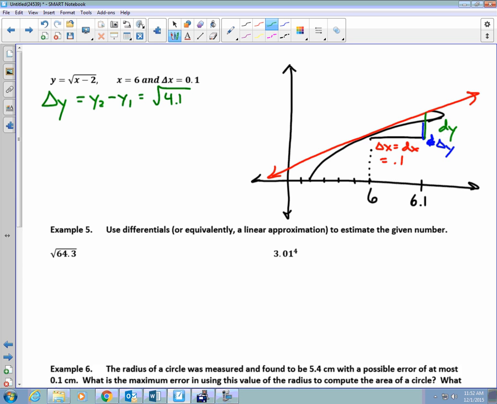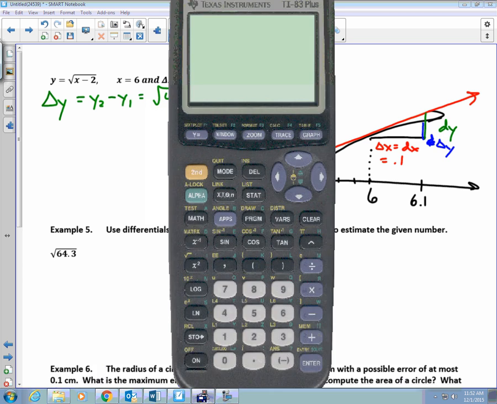So we got square root of 4.1 minus square root of 4. And I get 0.0248.